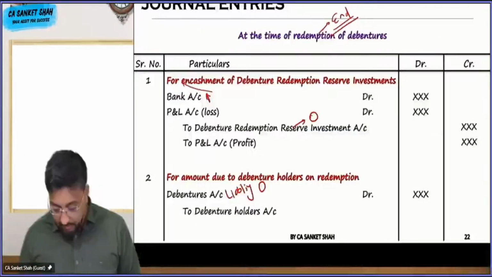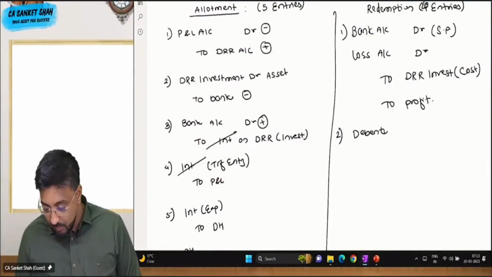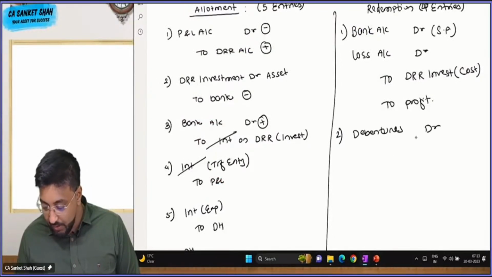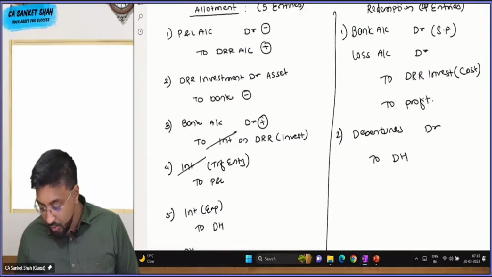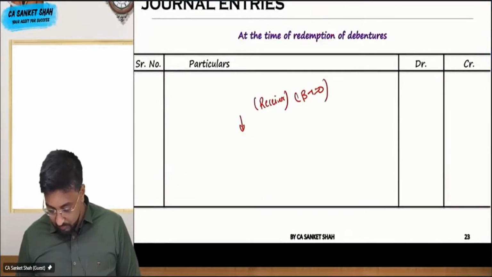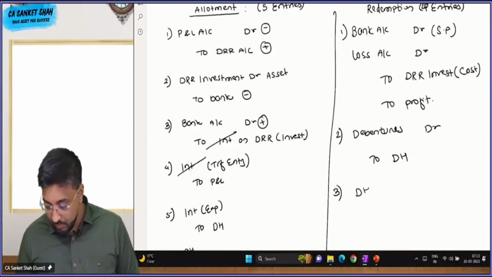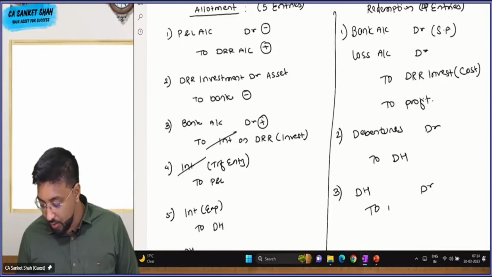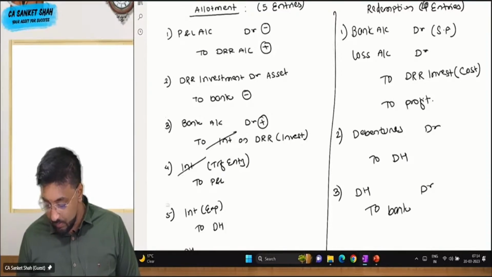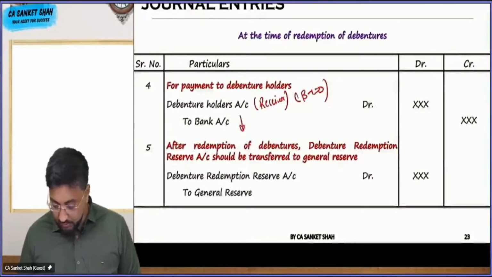Second entry, debentures account debit to debenture holders. Debenture holders account debit to bank. And what is the last entry?